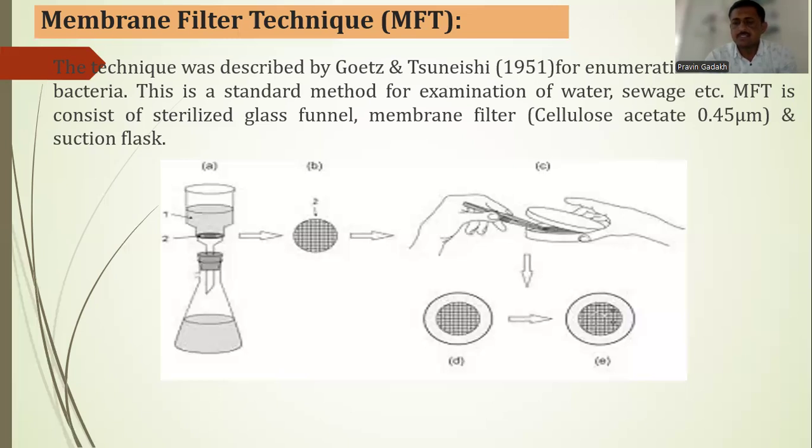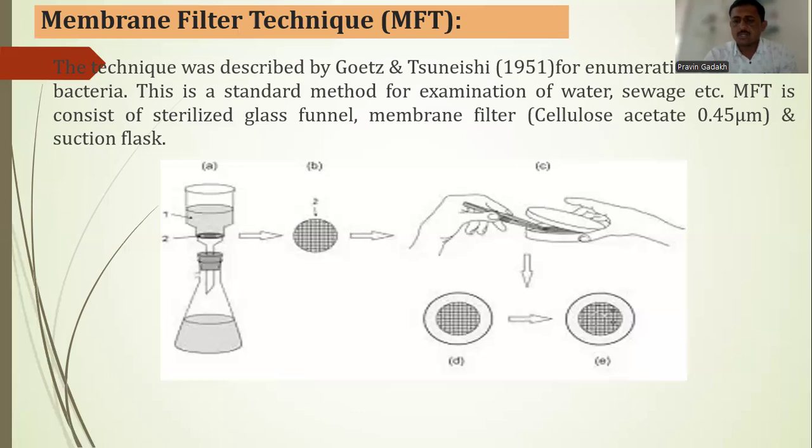The filter disc is removed and aseptically placed on the surface of nutrient medium, which is already prepared in the petri dish. The growth medium used in this case is modified endo agar or EMB agar, that is, eosin methylene blue agar. The plates are incubated at 37 degrees Celsius.